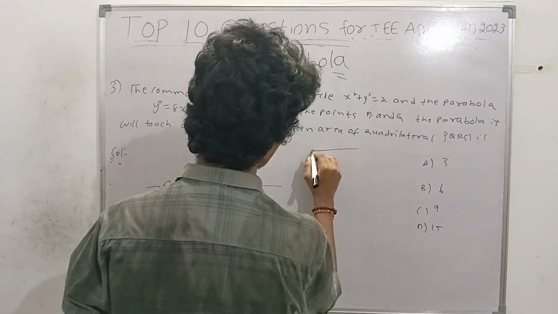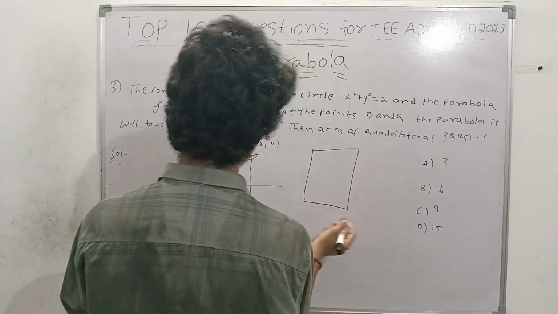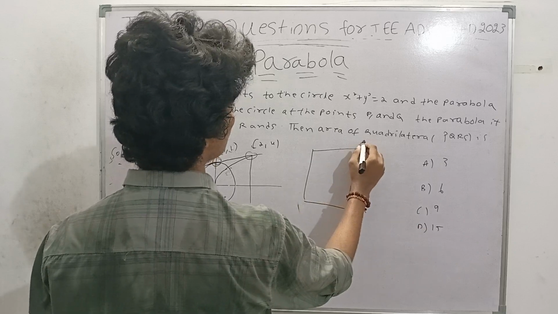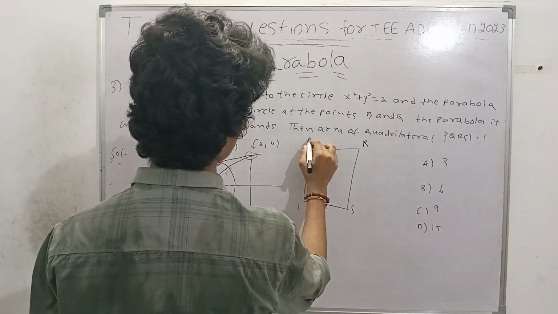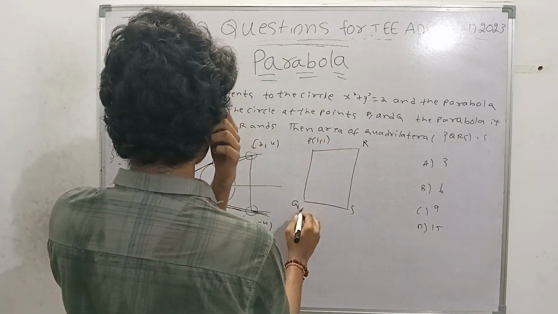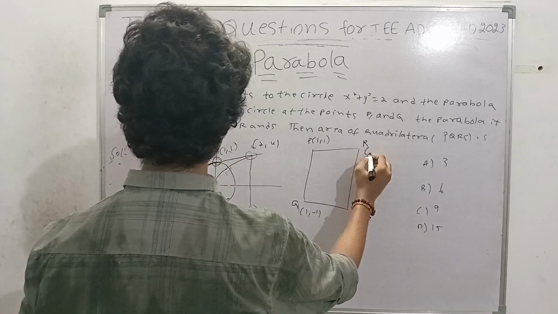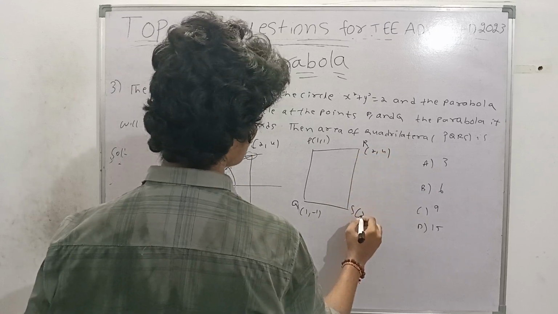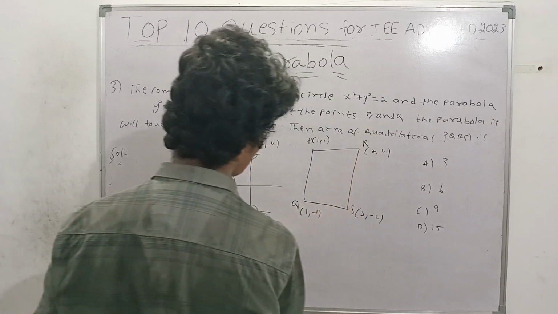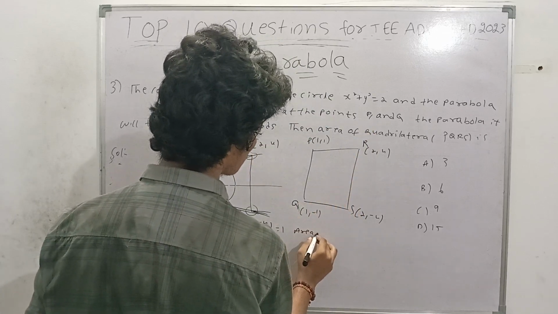Now they want this area. This is a quadrilateral. This is R, this is S, this is P, this is Q. P point is (1, 1), Q point is (1, -1), and this point is (2, 4) and this point is (2, -4). This is a trapezium. These two sides are parallel. So what is the area of trapezium?